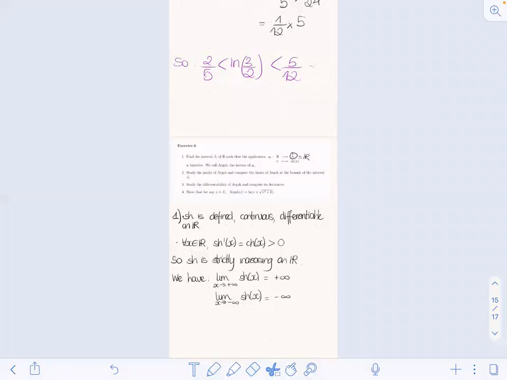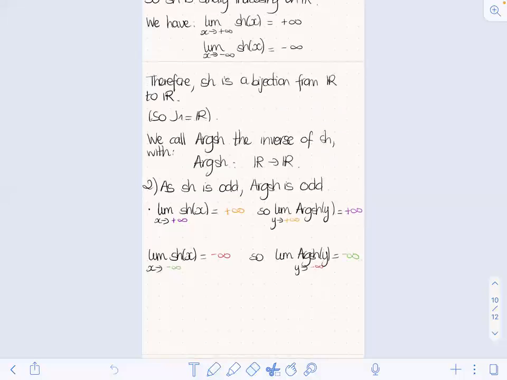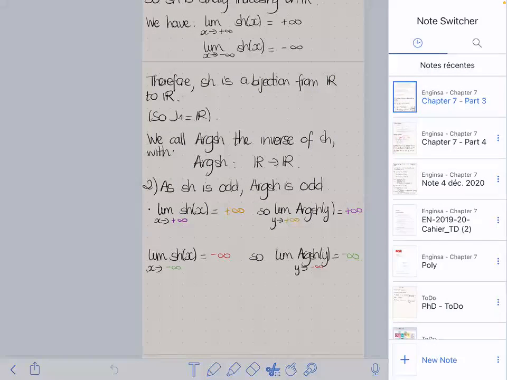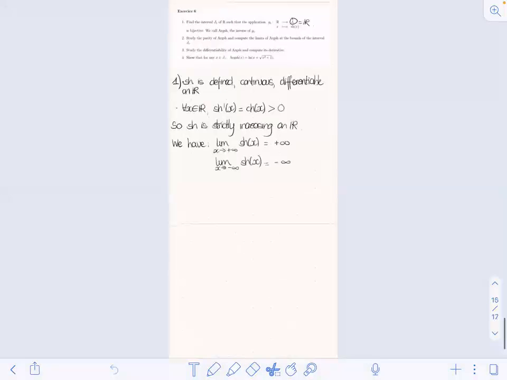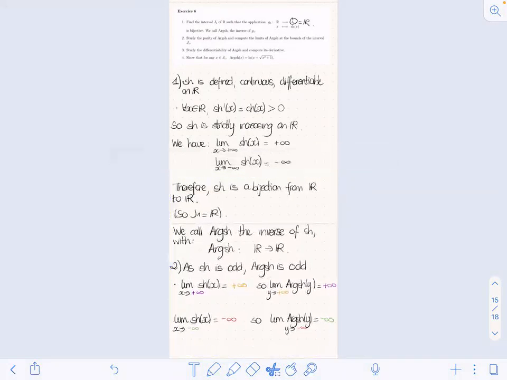We'd shown that it was a bijection, and so we denote as arg SH the inverse. And we'd shown that the function was odd, as SH is odd, and we computed the bounds of the function at the bounds of the definition domain. So we roughly had this. And we wanted to study the differentiability of the inverse of SH, and once we'd studied the differentiability, actually compute the derivative. So that's where we were.